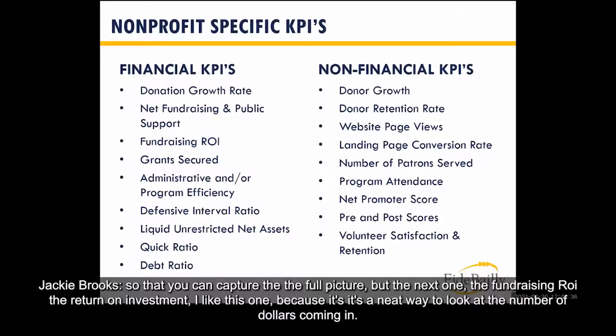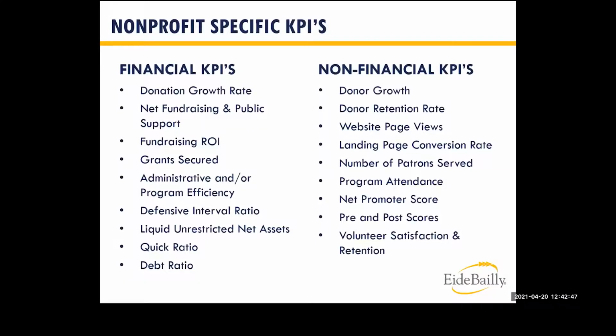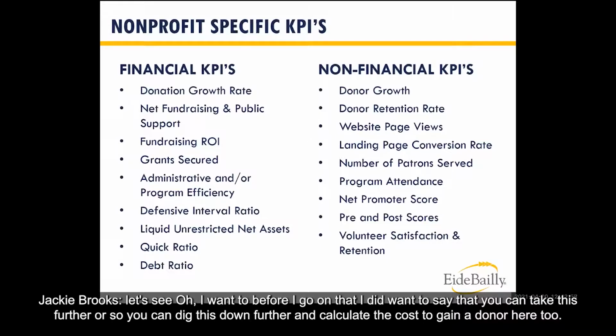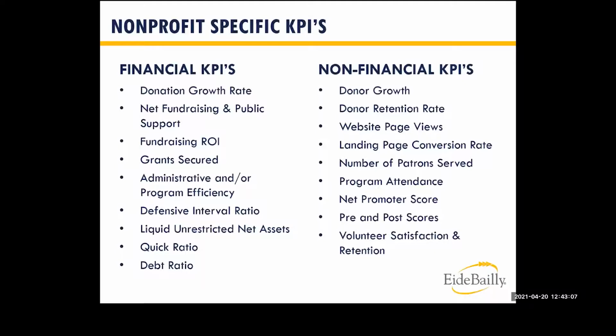But the next one, the fundraising ROI, the return on investment, I like this one because it's a neat way to look at the number of dollars coming in compared to the costs in a ratio format. Before I go on, I did want to say that you can take this further. You can dig this down further and calculate the cost to gain a donor here too.